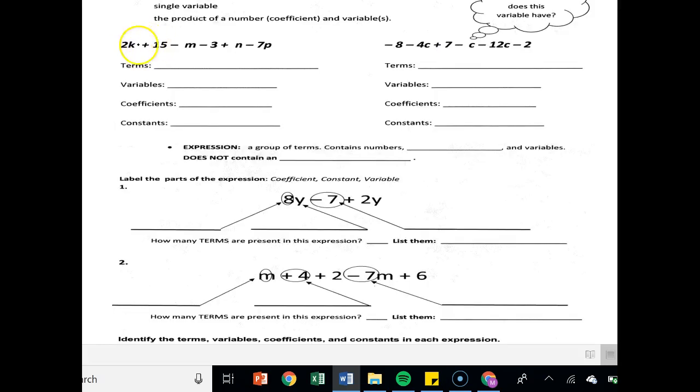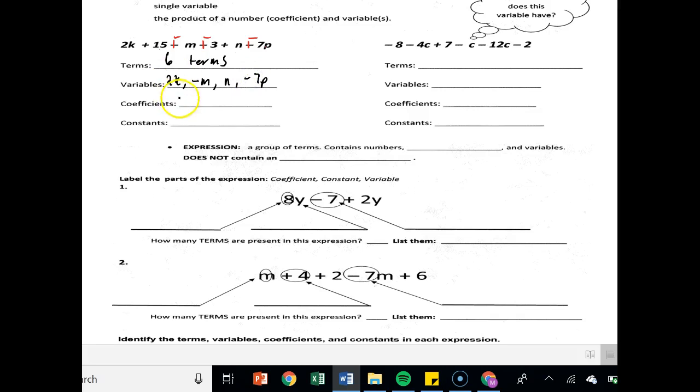So if you move on down here, we're first going to go ahead and count the terms. In this expression, we have 1, 2, 3, 4, 5, 6 terms. We have variable terms of 2k, negative m, n, and negative 7p.